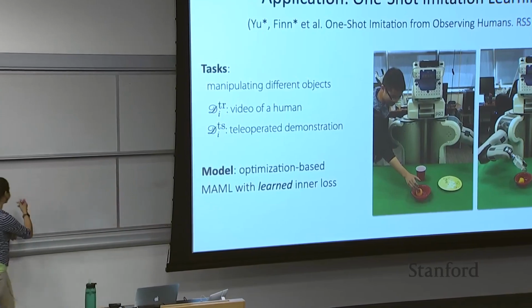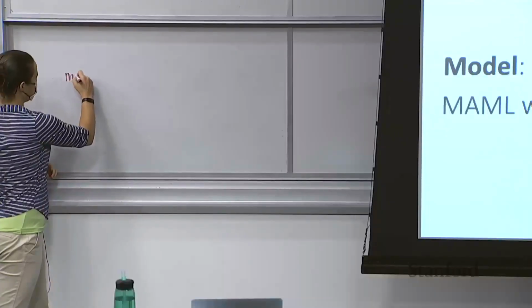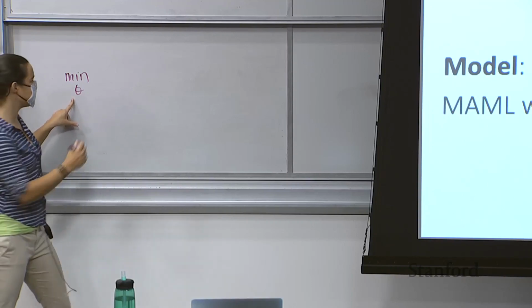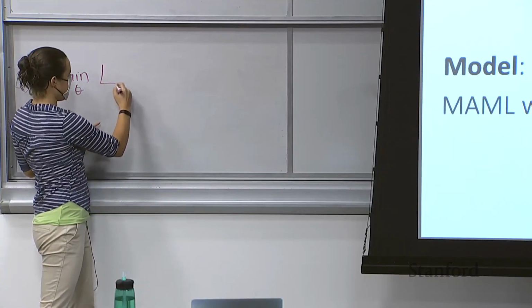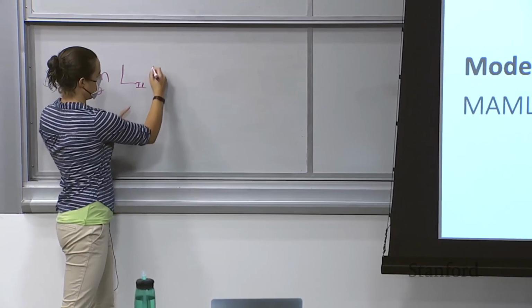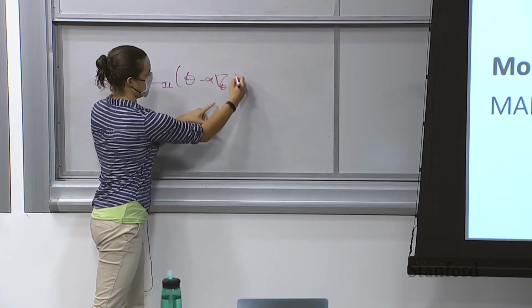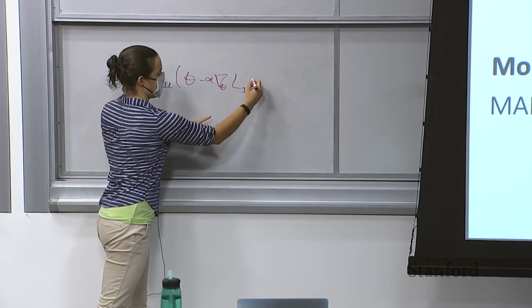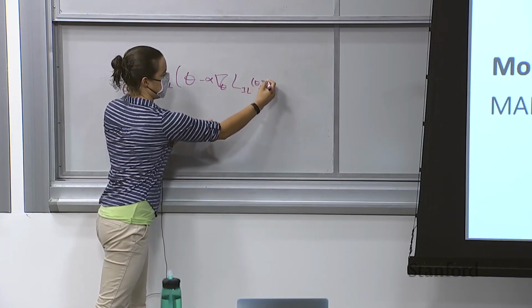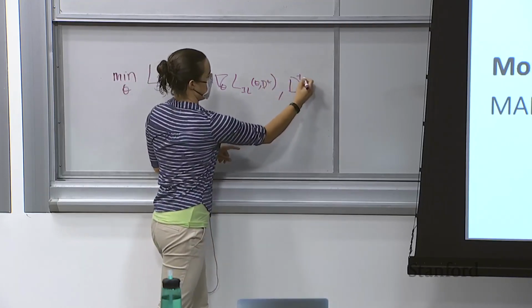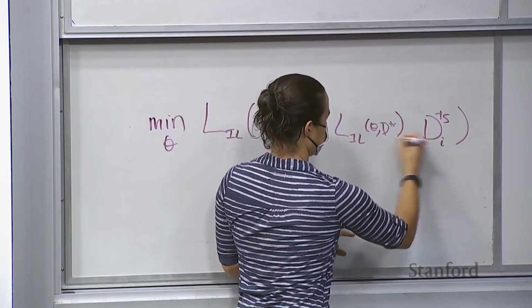And so what that would look like is something where you're optimizing for the parameters of your policy such that this is your outer loss function. This is your inner loss function. This is your training demo, and then you also have your test demo.